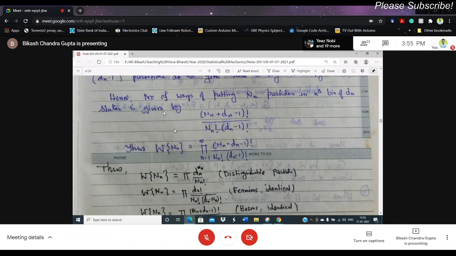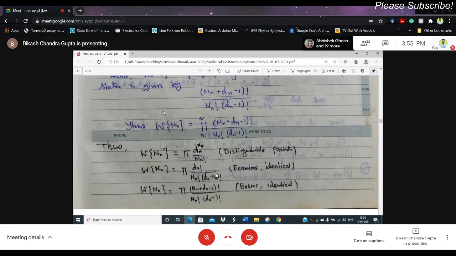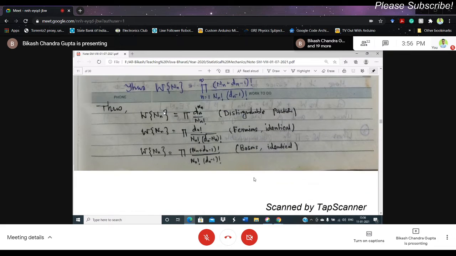Then you can have a weight factor for the set, with n equals 1 to infinity. So if I bring all of them together, the essential information about the weight factor, or the number of distinct possible ways you can put the particles, is this for the distinguishable particles, this for the fermionic particles, and this is for the bosonic particles.